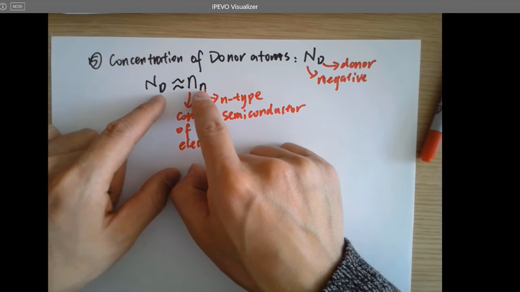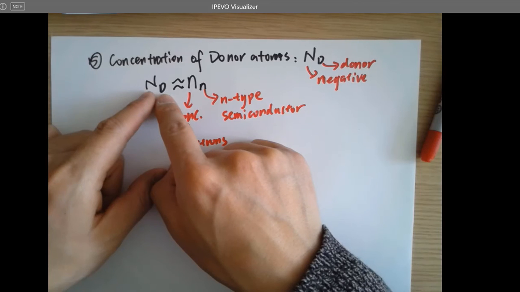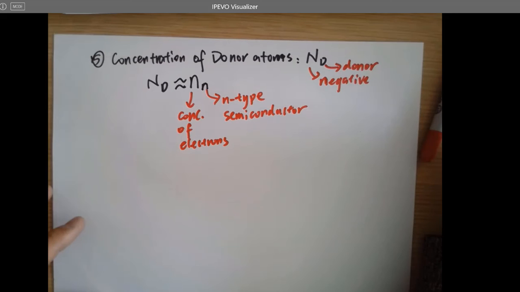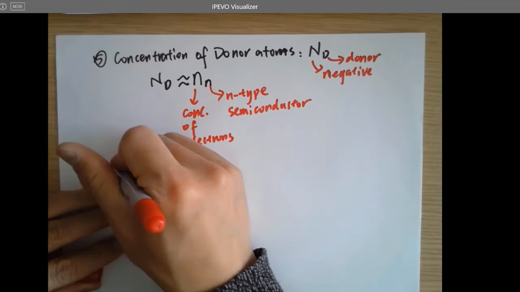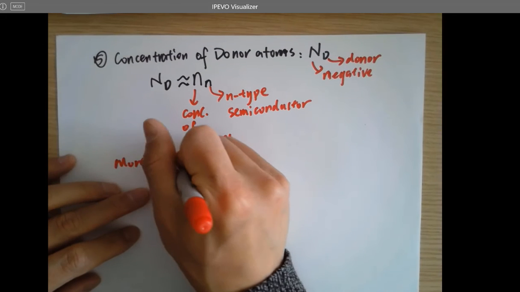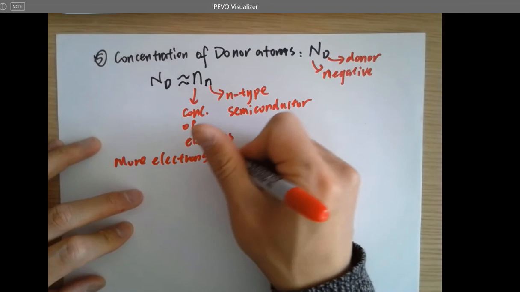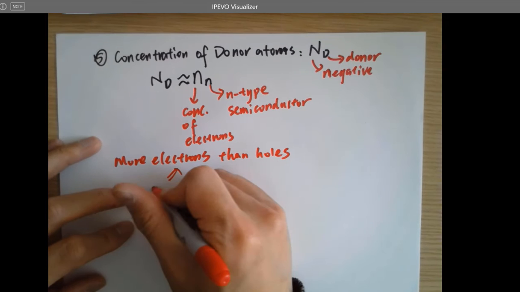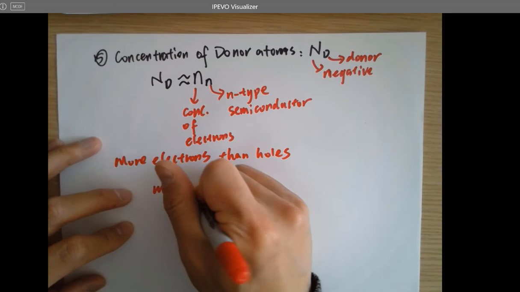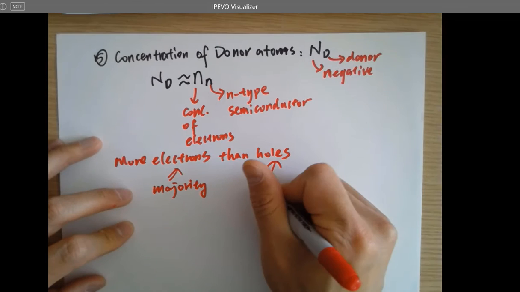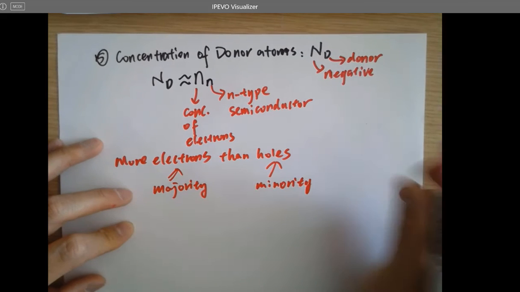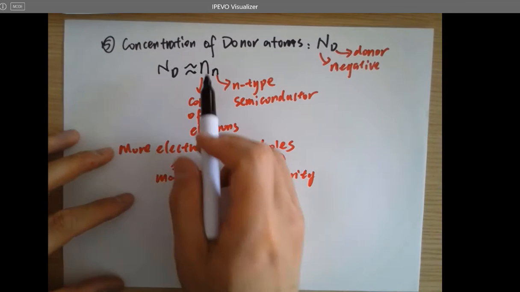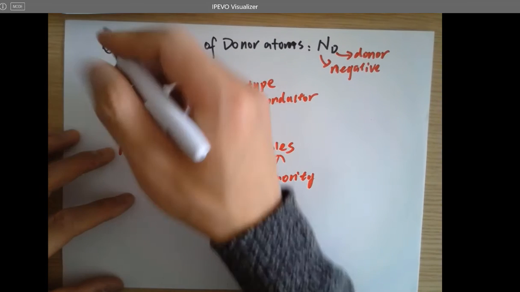If you dope a piece of silicon with phosphorus, then there will be more electrons compared to holes. And we call the electrons the majority and the holes the minority in that semiconductor material. This is normally given because the engineer just did the doping.